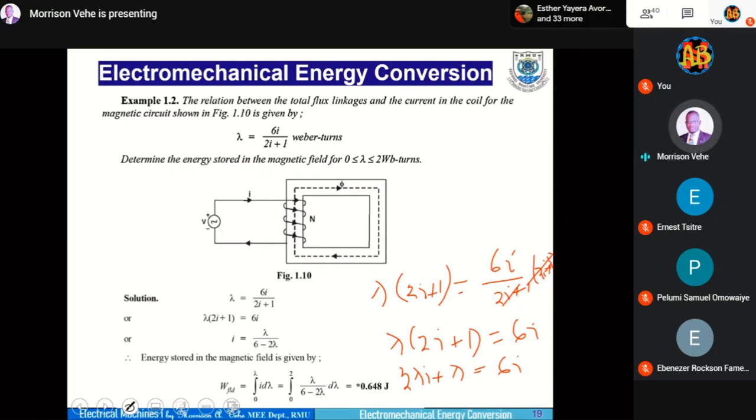If we are looking for i, you first have to separate: 2 lambda i minus 6i, or 6i minus 2 lambda i. Whichever way, you will come back to the same thing. Are you with me?